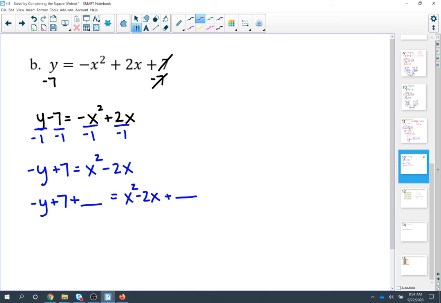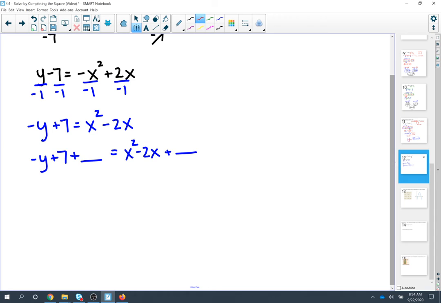We find our b value, which is negative 2, cut it in half, which is negative 1. Square it, which is positive 1, and we fill in both blanks. On the right-hand side, we're going to factor, which is going to give us x minus 1 falls into place, squared.